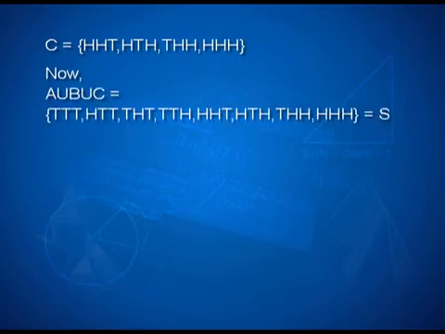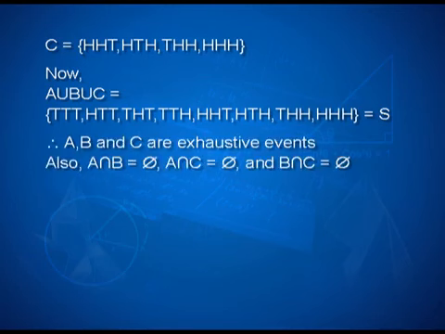Now, A union B union C = {TTT, HTT, THT, TTH, HHT, HTH, THH, HHH}, that is equal to S. Therefore, A, B and C are exhaustive events.